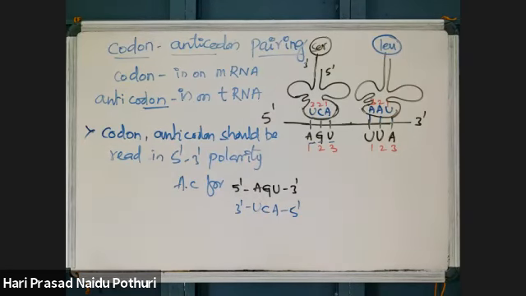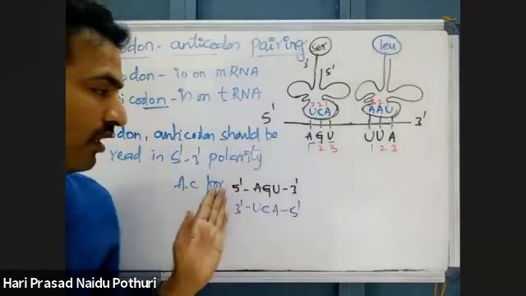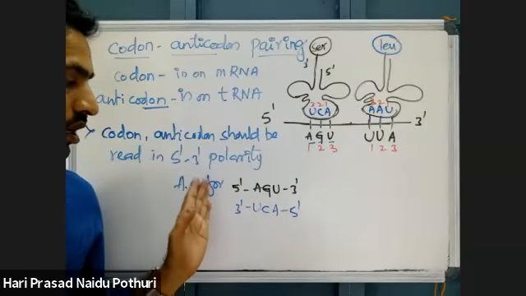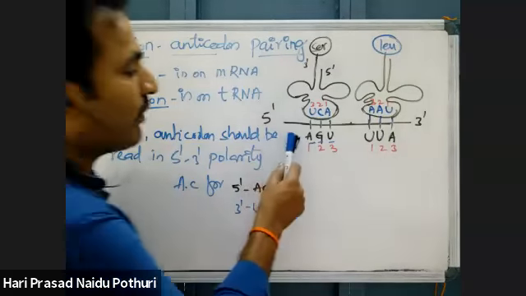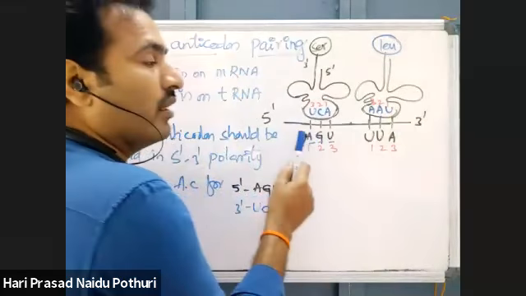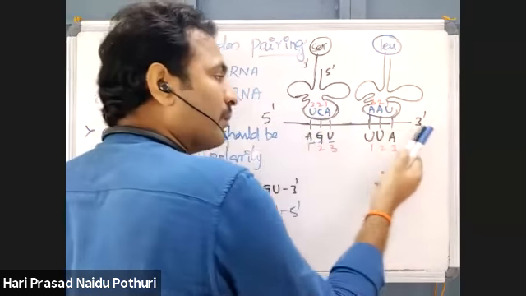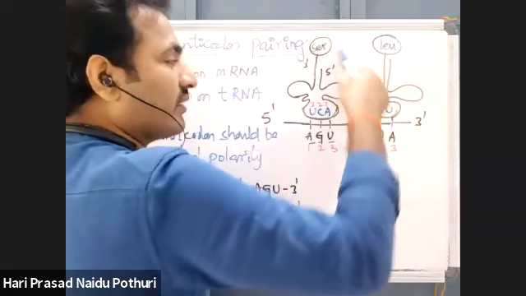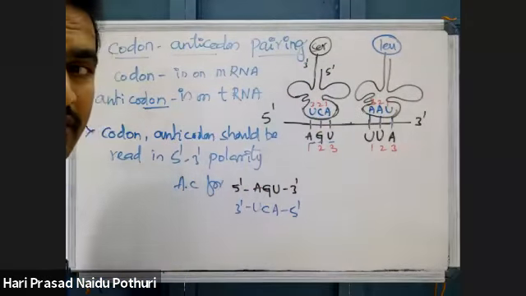If we don't mention the 5 prime and 3 prime ends, then reading will be confusing because the sequence of nucleotides should start from the 5 prime end of the codon and end with the 3 prime end. See here, this is the 5 prime 3 prime polarity of the mRNA. As this mRNA is in 5 prime to 3 prime, tRNA will bind reversely. 5 prime this side, 3 prime this side. That is correct.